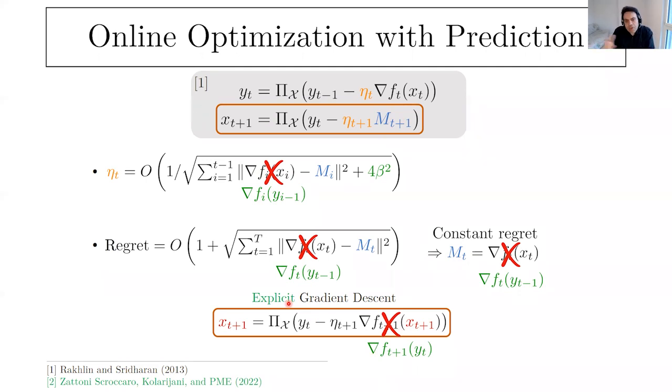So if I want to say just one sentence, this modification to the algorithm allows us to transfer from an implicit version to an explicit version. And definitely we also have to pay the price, or let's say we have to modify the step size and regret bound accordingly as well. So that's basically the takeaway message here.